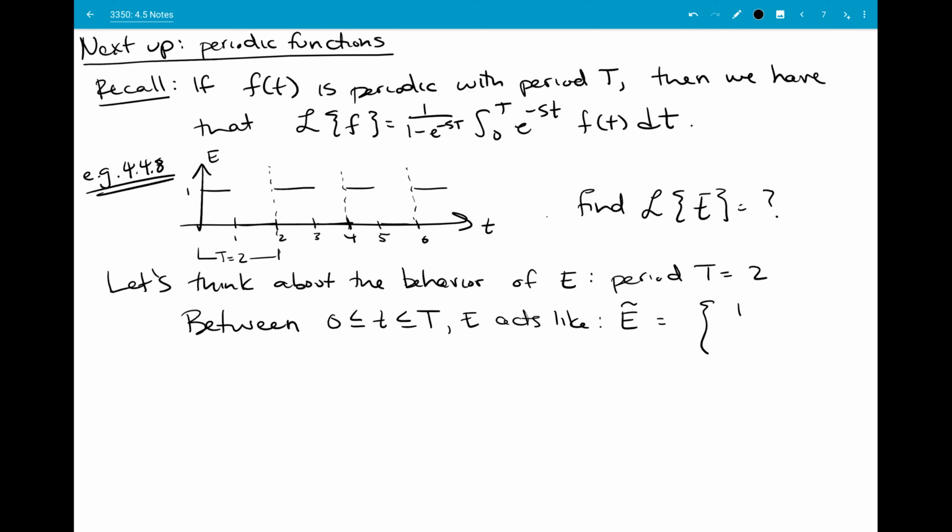What it does is it starts off with value 1, and it does that for t up to 1. And then it turns to 0, for 1 less than t less than 2. And then since capital T is 2, that's all we need. So from here we have all the little pieces we need in order to apply our new property for how to take a Laplace transform of a periodic function.